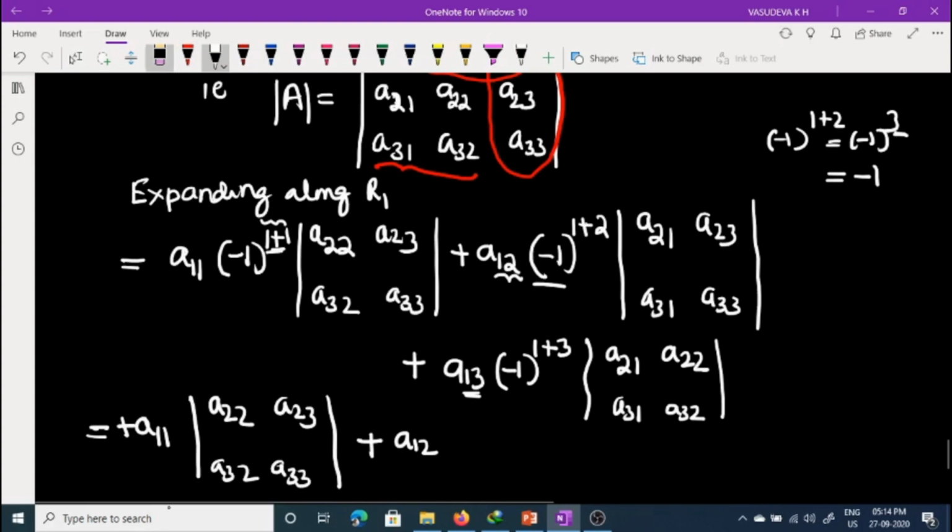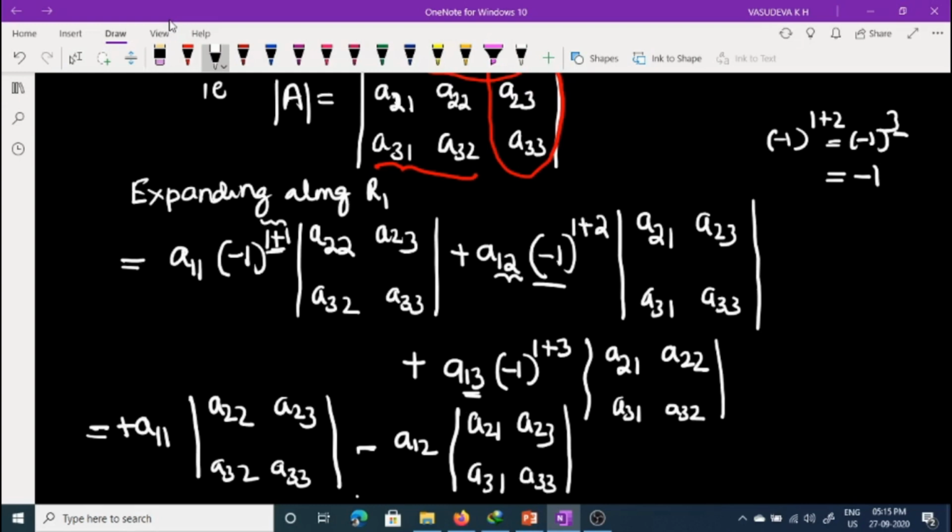So therefore we are having a minus sign here. Minus A12 into determinant of A21, A23, A31, A33.